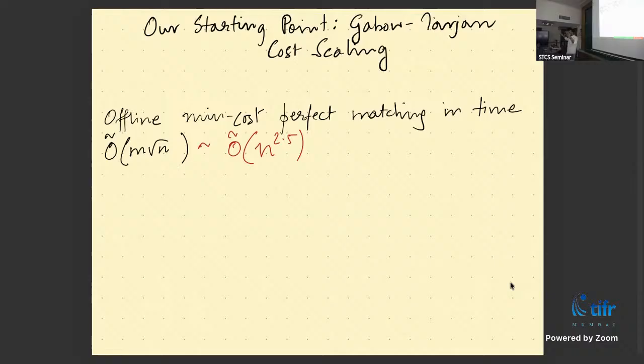So it actually depends on the values of the input, like this Gabow-Tarjan algorithm. But I guess that's pretty much a feature of most of the algorithms, except Hungarian, of course. In contrast, Hungarian using Dijkstra as one Hungarian step would give you n cubed. Right? So Gabow-Tarjan gives you n to the 2.5.